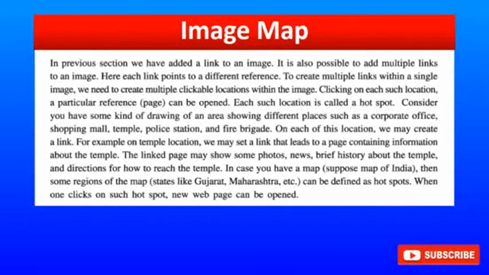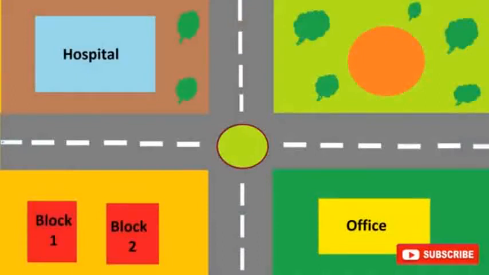To learn this concept, we need a map. So first thing, to make use of image map, we need to draw the picture which is displayed here on the screen.